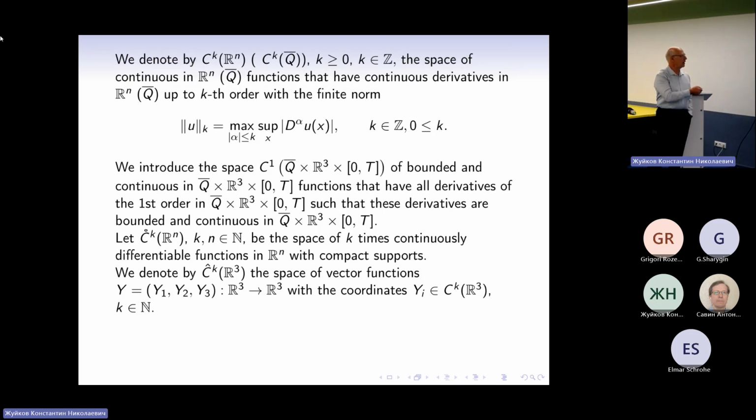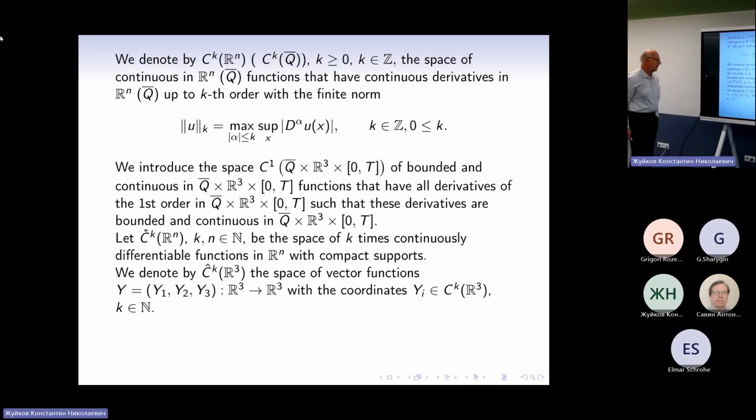Here we are introducing spaces in the usual manner. We denote by C^k the space of continuous functions which have continuous derivatives, with finite norm given by the following formula. By C^k_0 we denote the space of k times continuously differentiable functions with compact support.